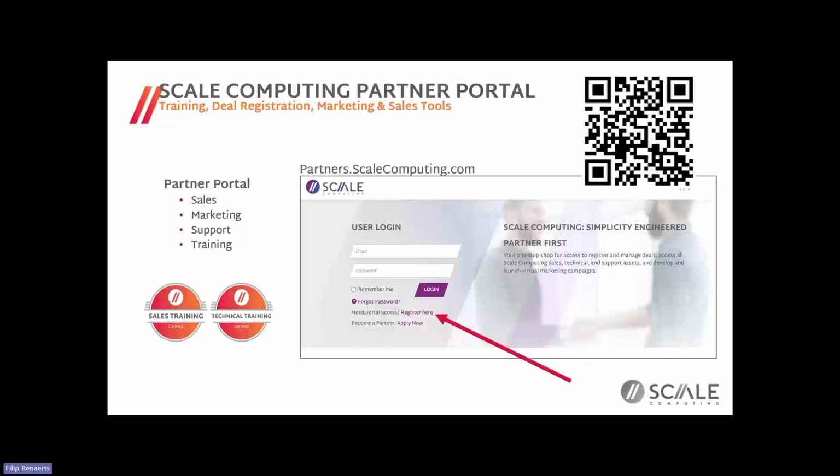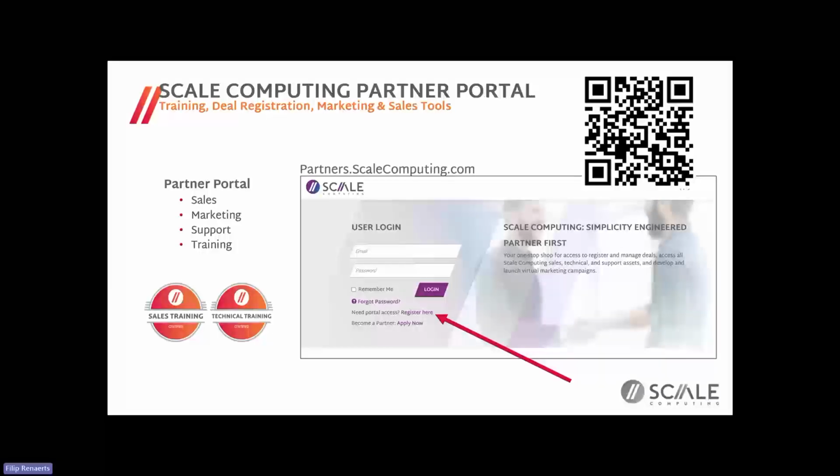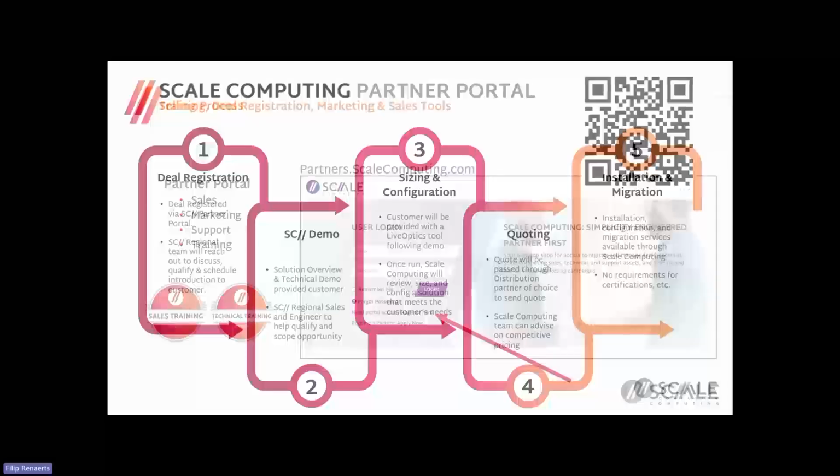If you do that, one of my colleagues who is a channel representative will probably reach out to have an introduction. Once you have that introduction, you can sign up to be a Scale Computing partner. That requires signing more like an NDA, and then you're allowed to do all the trainings, get all the support from the sales team, and do deal registrations in the system, which is important so you have that deal protection.